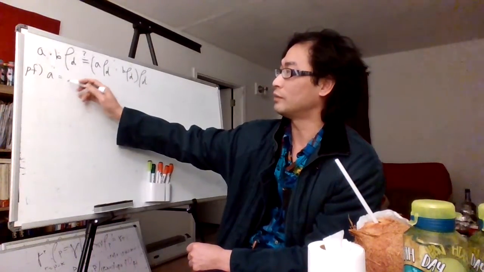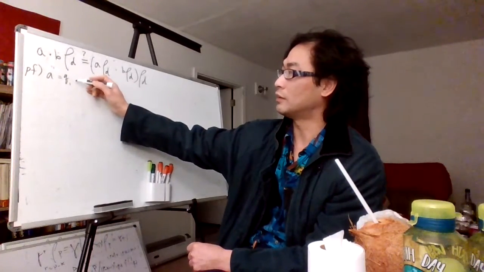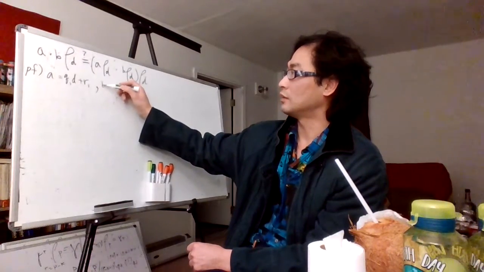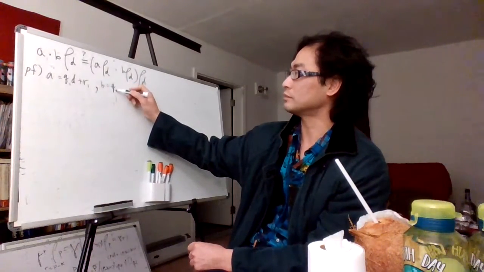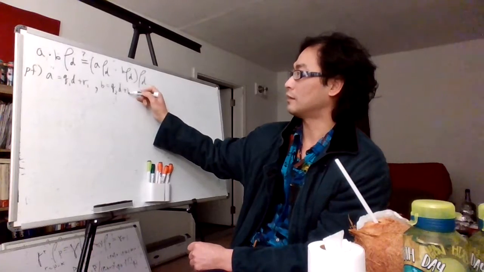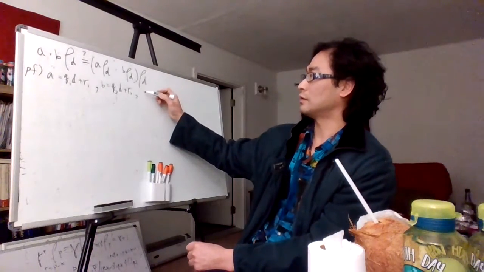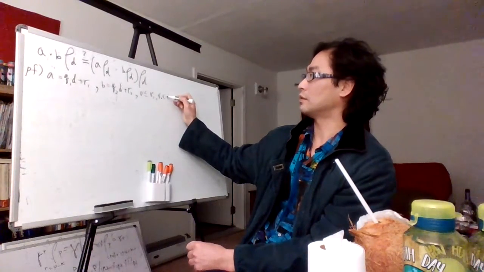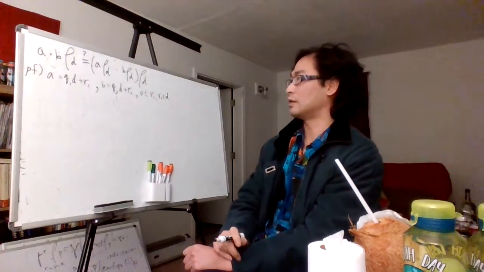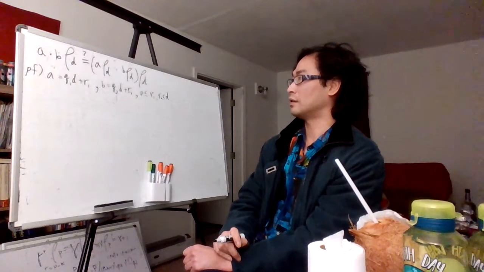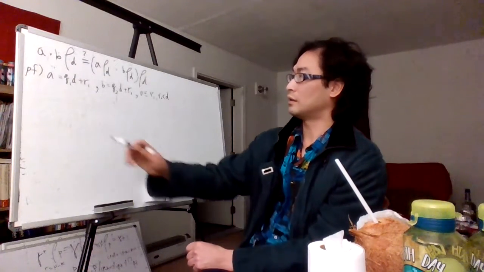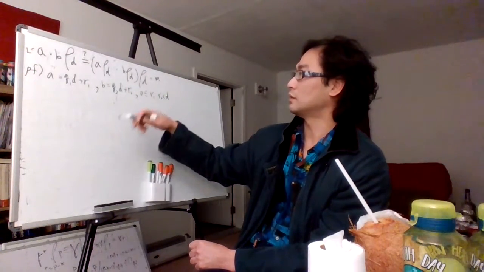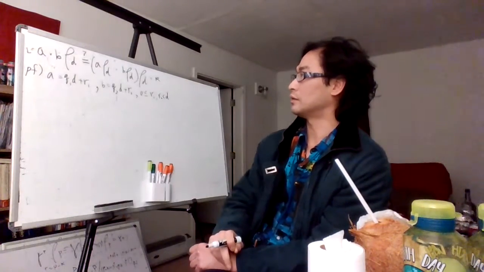A is equal to Q1 D plus R1. Okay, so this is the left hand side, and then the right hand side.